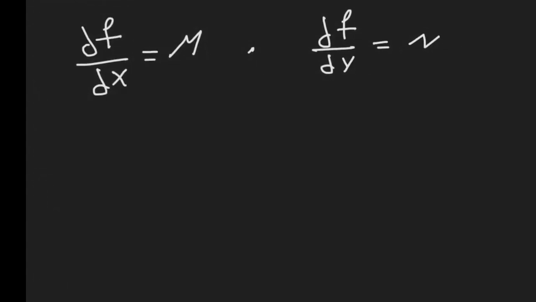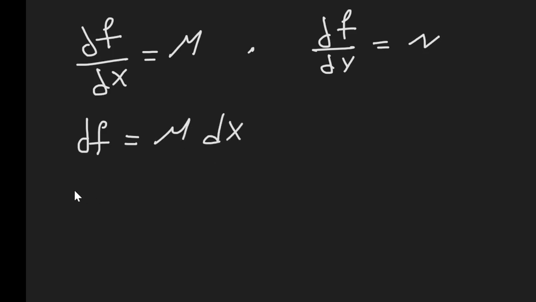We can start either way. You can start with this expression or you can start with this expression. Now I'm going to start with the left one, which is df over dx equals m. Now you can rewrite this as df equals m times dx, right?